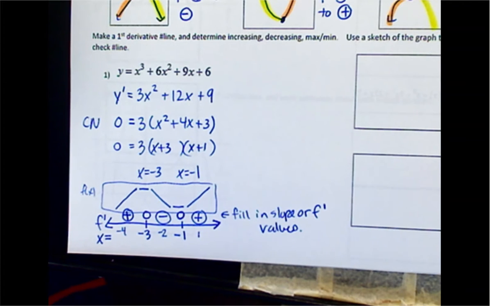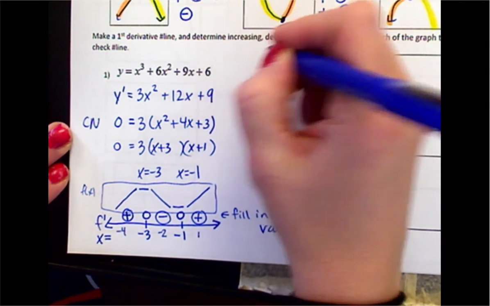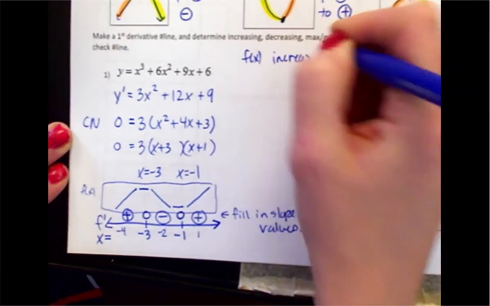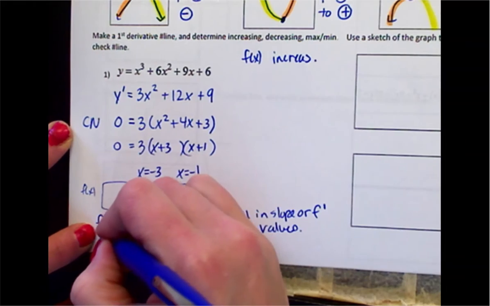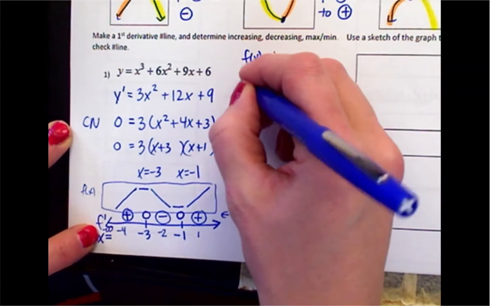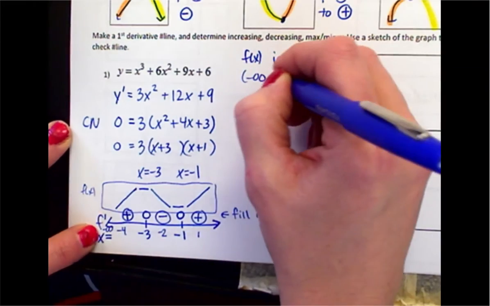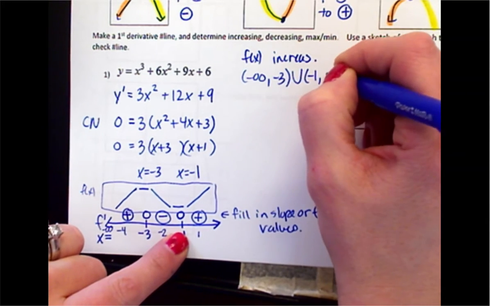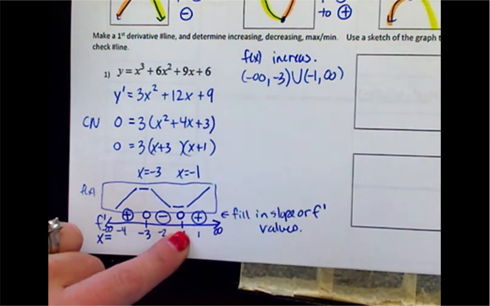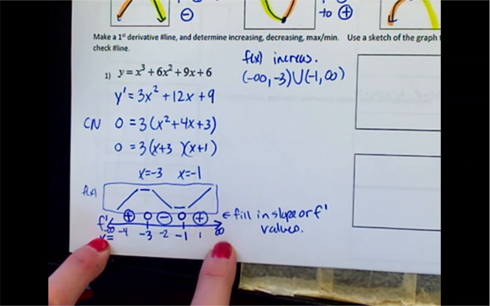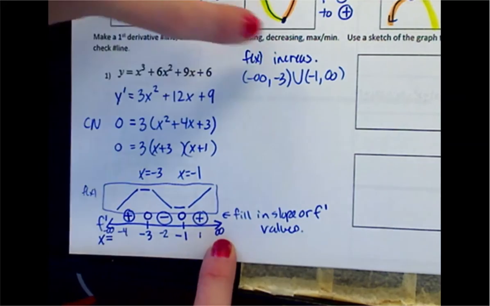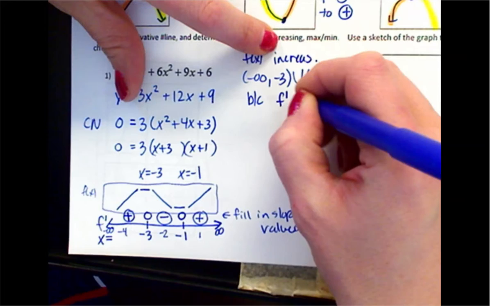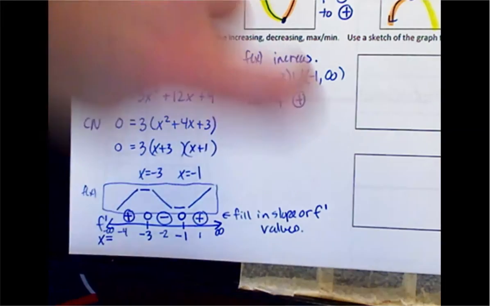Okay, based on that, we can say f of x is increasing. Now this end of the number line is negative infinity. Negative infinity to negative 3 union negative 1 to positive infinity. The ends of the number line are negative infinity, positive infinity. And so if I want increasing, we're going to say because f prime is positive.